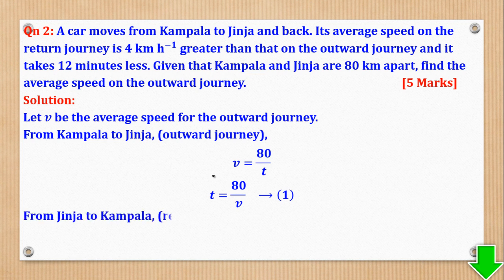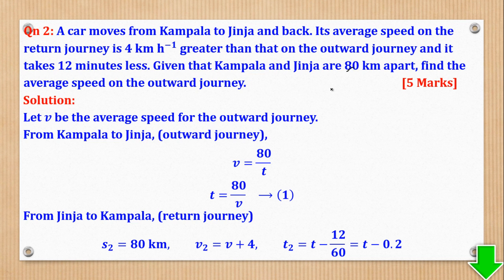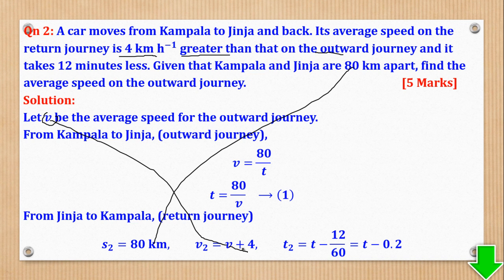What about the return journey, from Jinja to Kampala? They gave us something. The distance remains the same, but the velocity, they said, is 4 kilometers per hour greater than that on the outward journey. So if the outward journey was V, the return journey will be V plus 4.